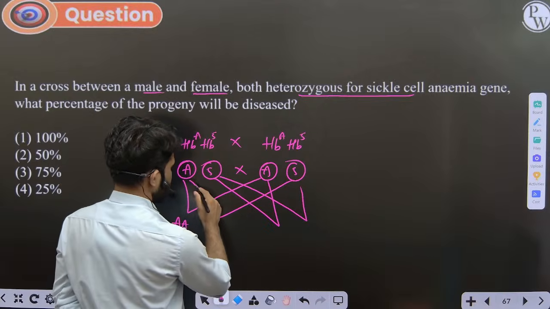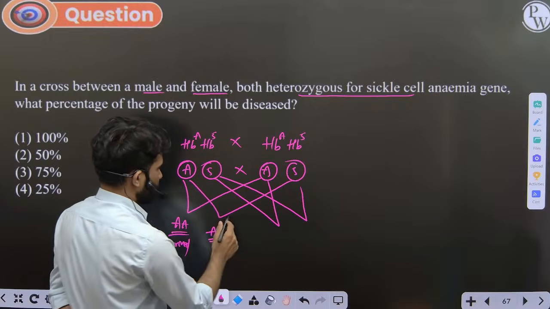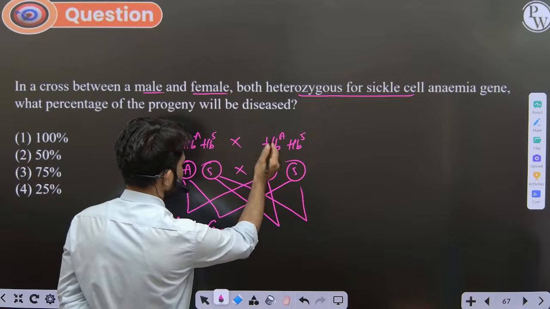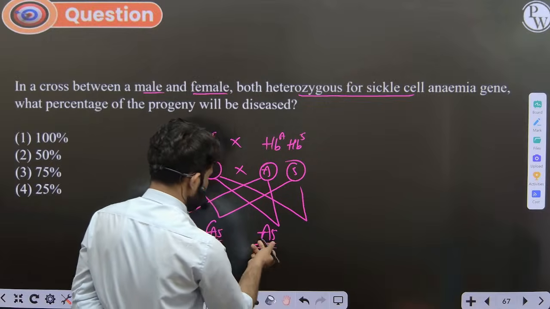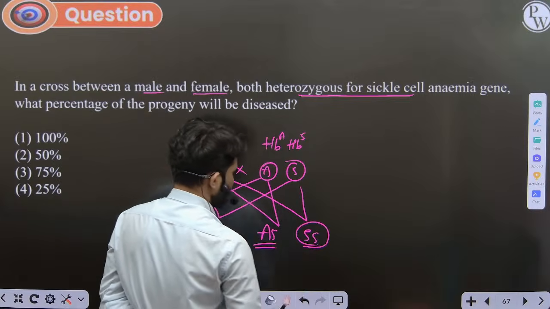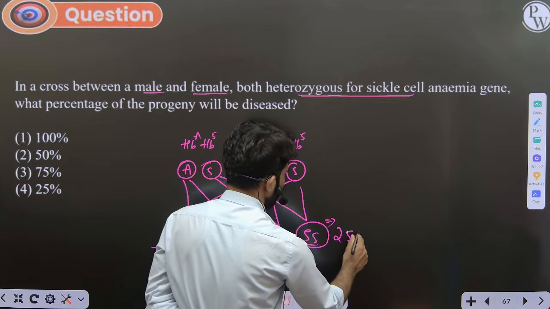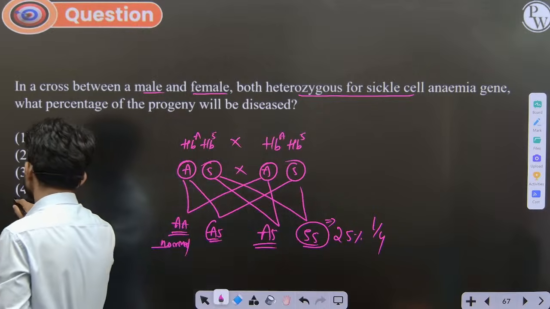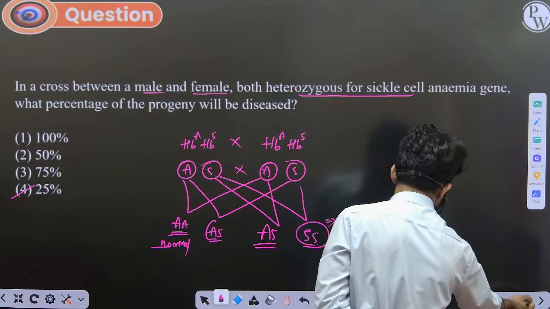Here it is A and S. Again, there is a dominant gene, heterozygous, it is also normal. These are also normal. The only case where it is homozygous that causes the disease is only 25%. One of the four offspring is affected. That is only 25% affected.